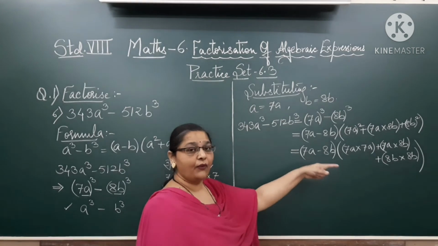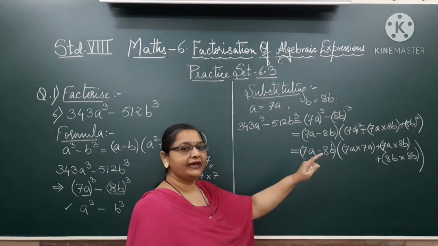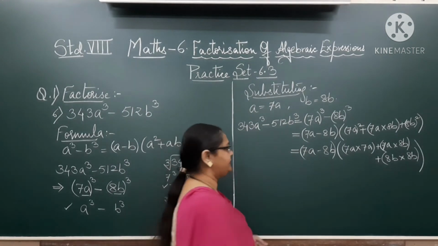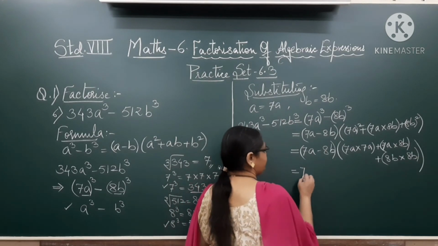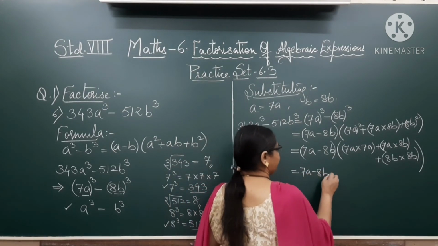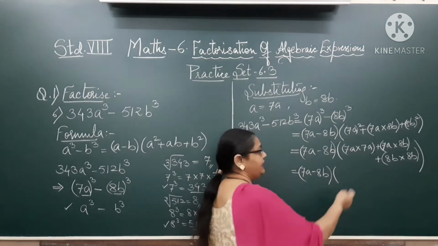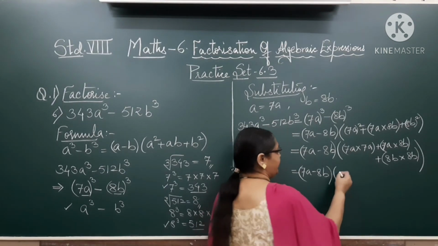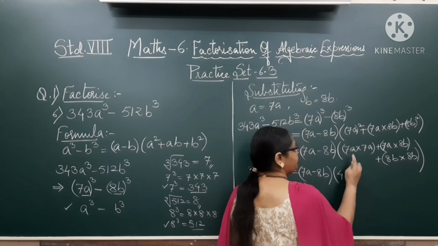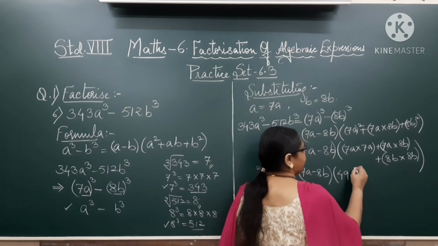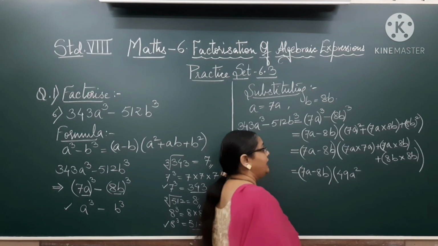So I have now expanded all the squares. Now let me simplify it. So that is equal to (7a − 8b) into 7 sevens are 49, a into a is a squared, so it is 7 sevens are 49a squared, right?